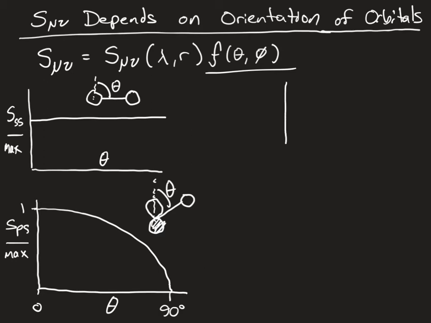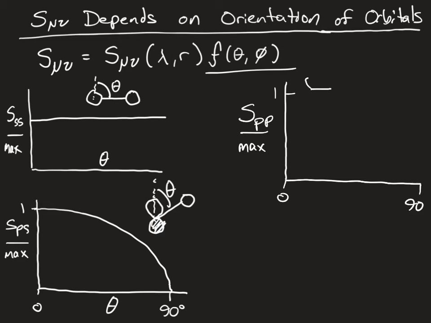We can look at the PP combination over a maximum possible value of 1, going from 0 to 90 degrees here.